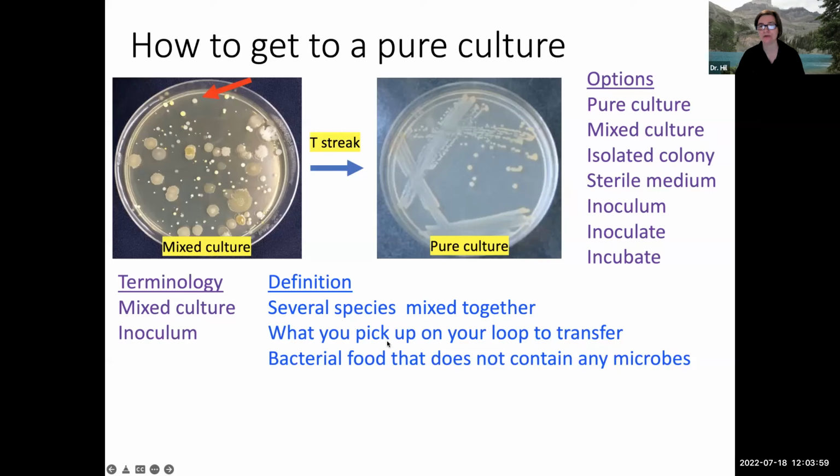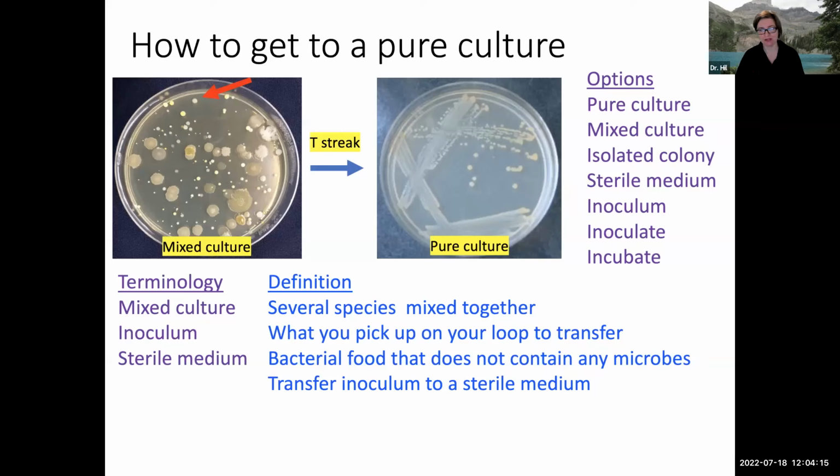And that new food, before you've added it, is considered to be a sterile medium, right? Sterile medium. Now, the act of transferring that inoculum to the sterile medium is what? Indeed, it is an inoculation.